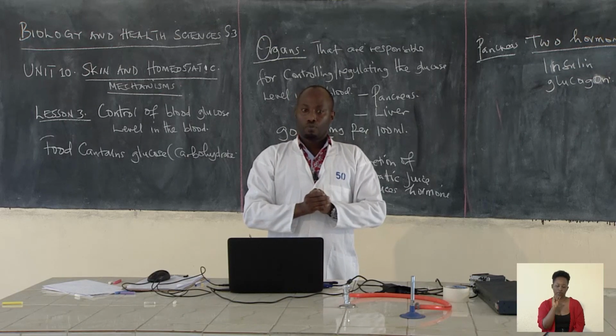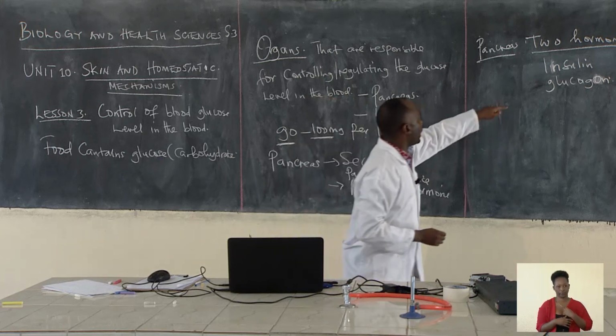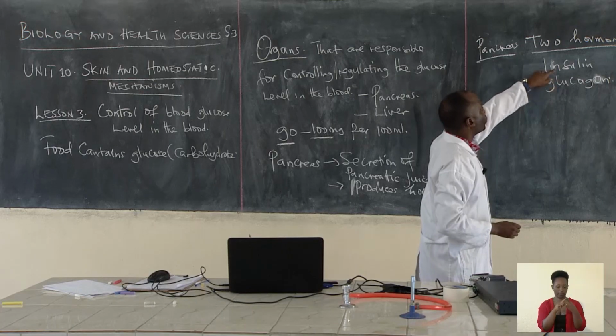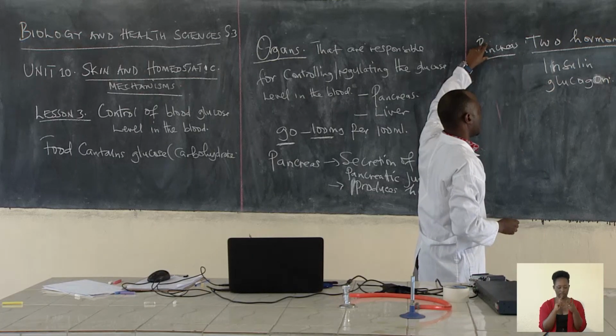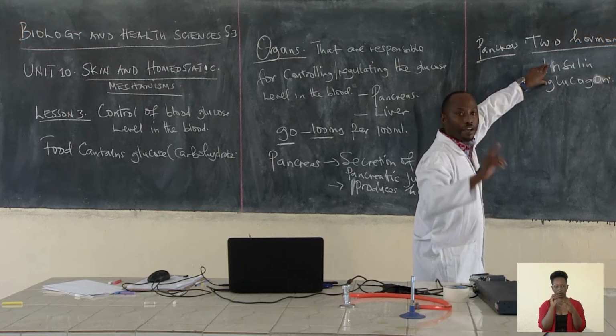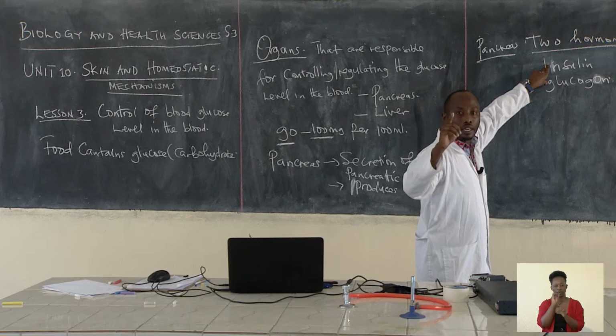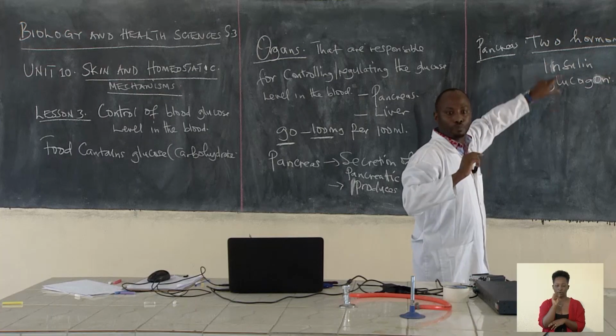Have you understood? The 2 hormones, insulin and glucagon, are the 2 hormones produced by the pancreas. And these 2 hormones are very important to balance the amount of glucose in the bloodstream, all right?